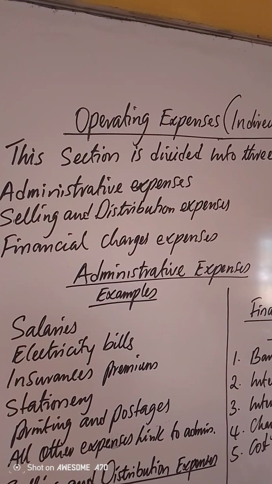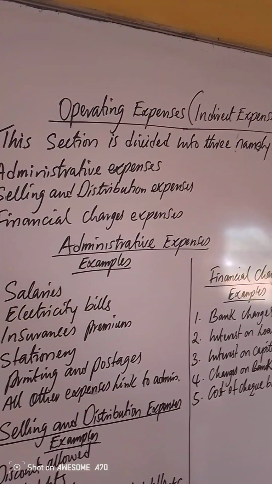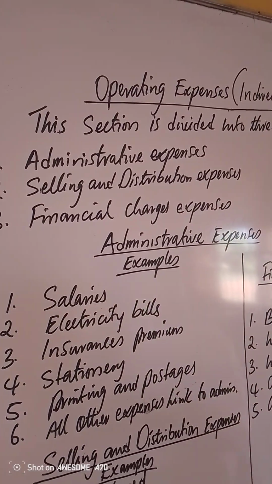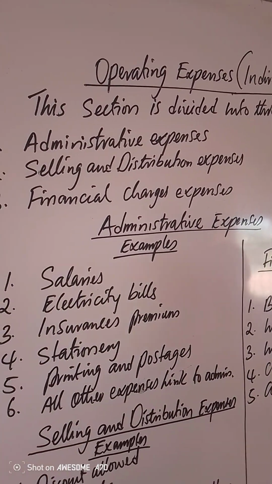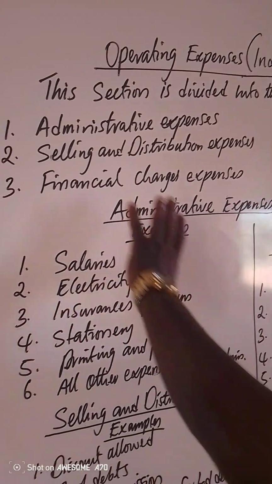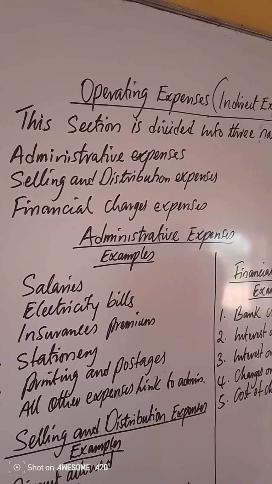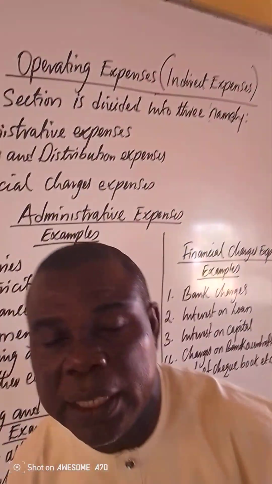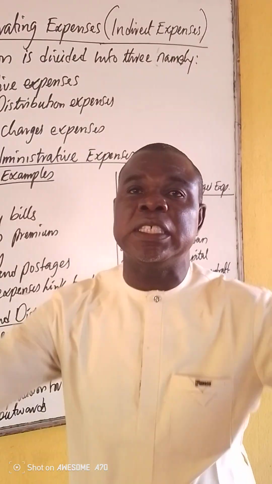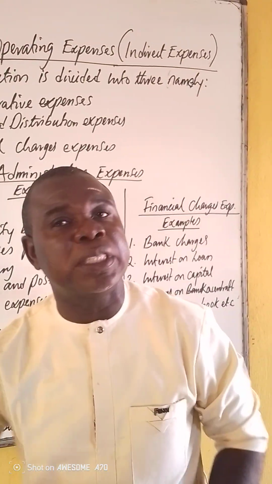Indirect expenses are also subdivided professionally into three sections. Namely, administrative expenses. Secondly, selling and distribution expenses. And three, financial charges expenses. Most learners have difficulty grouping these expenses into these sections. At the ordinary level, all they know is operating expenses, where all the expenses are lumped together in one single flow to get total expenses.